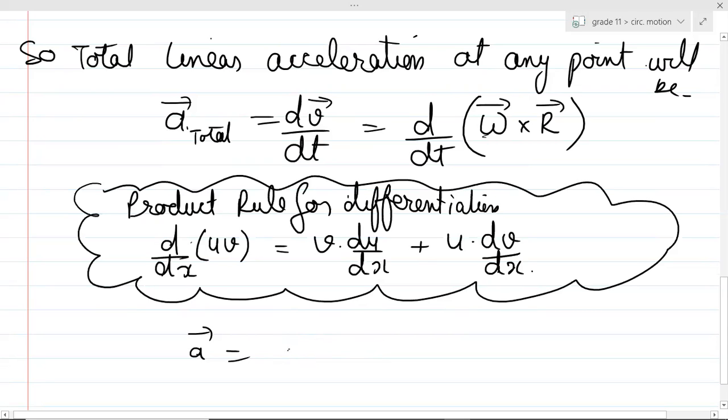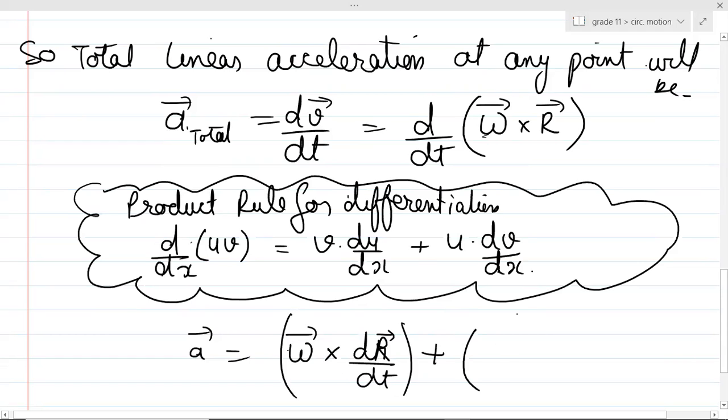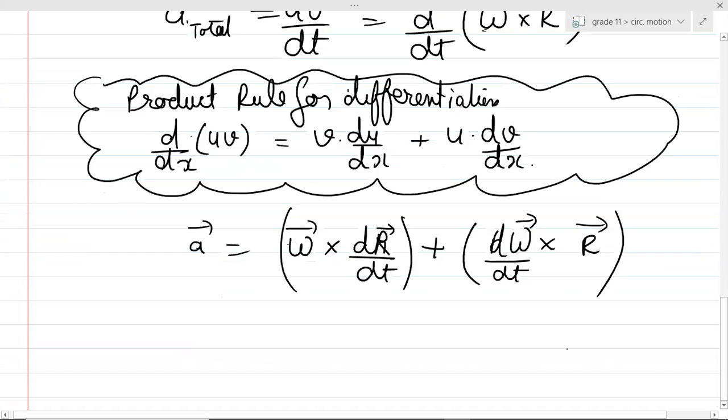So omega cross r, then r as it is. I haven't changed the order, guys.